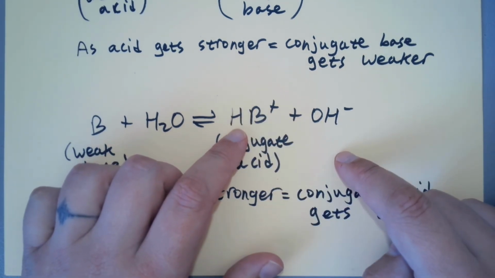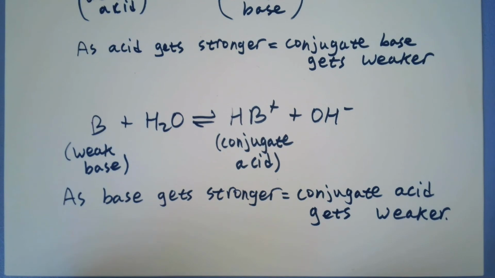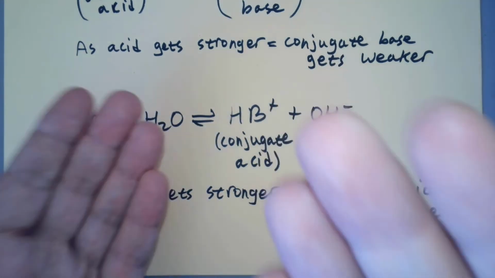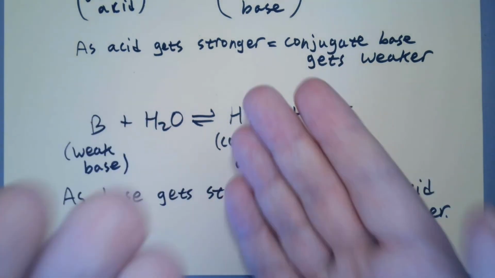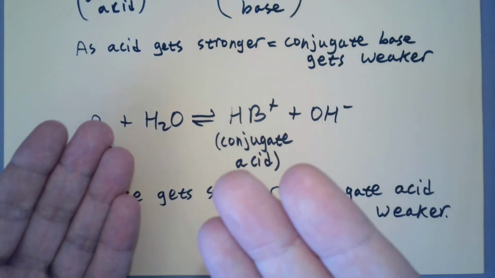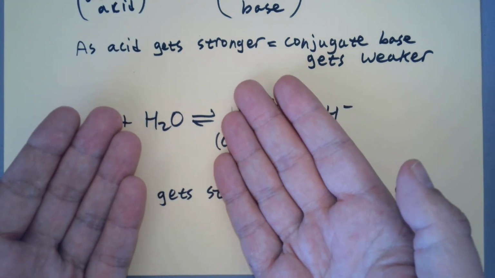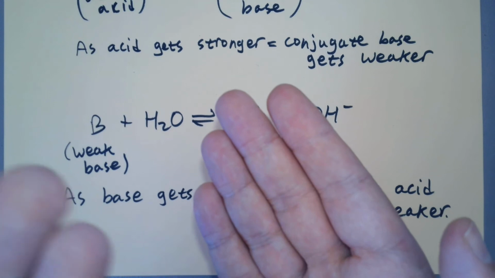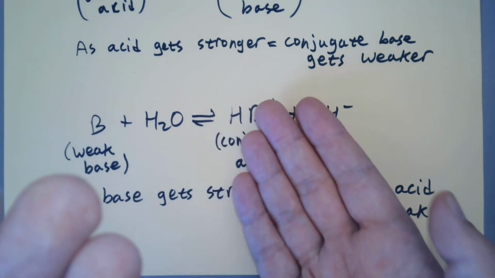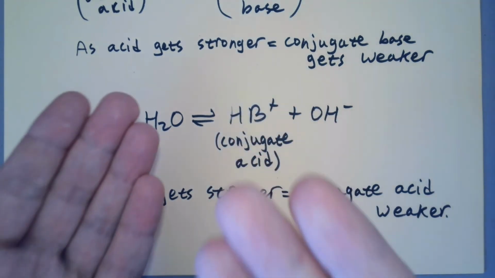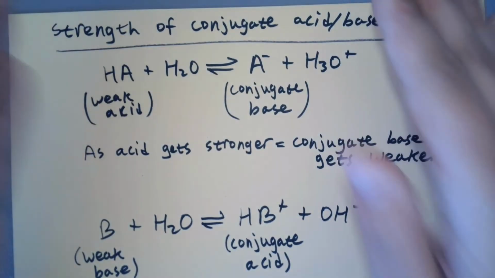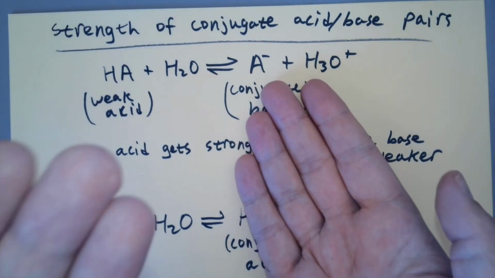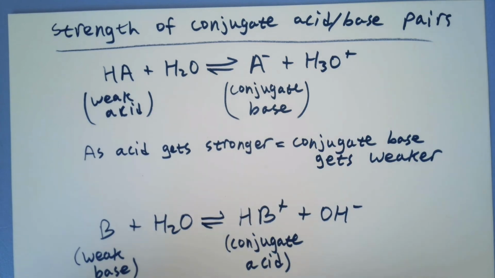It's going to be hanging on to them. It's just like the pH and the pOH. There's a balancing act here. If the base gets stronger, the conjugate acid gets weaker, or vice versa. Just like up here, if the weak acid gets stronger, the conjugate base gets weaker, or vice versa.